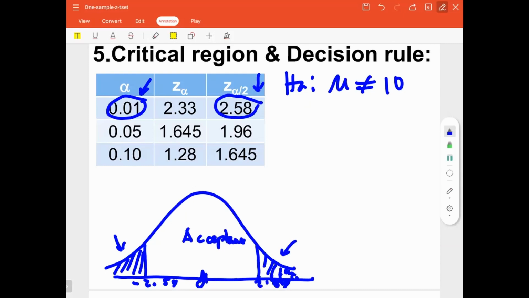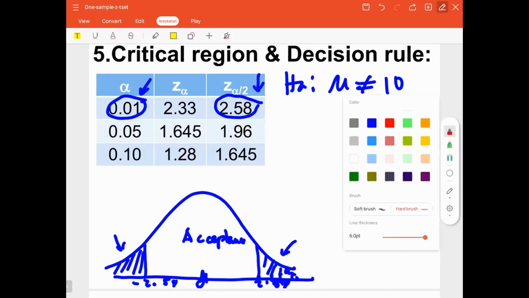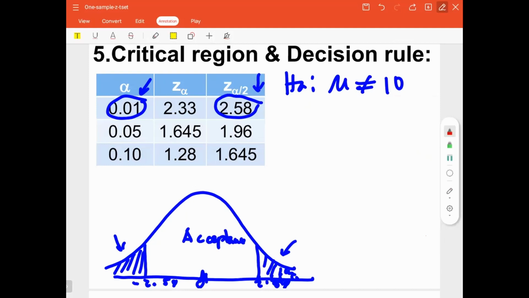That's why the left and the right tails, these critical regions here, will be 0.01 divided by 2, so 0.005 is actually the area. So this is also 0.005. Again, when the value of the test statistic is located within this region, that's the time we reject the null hypothesis, or at this side here.